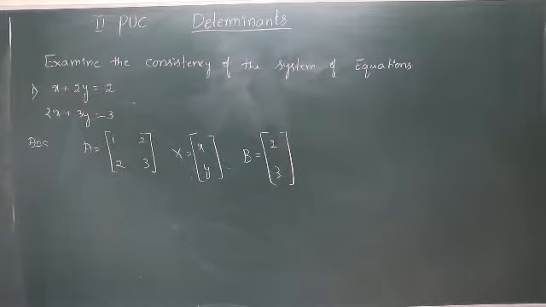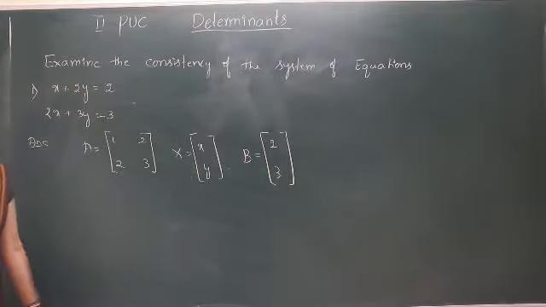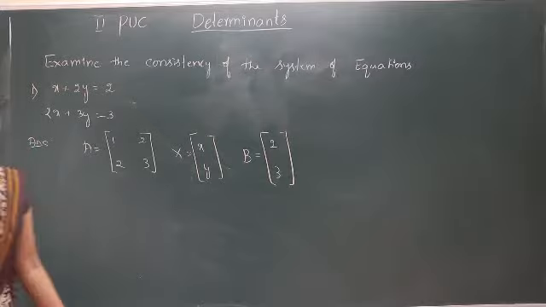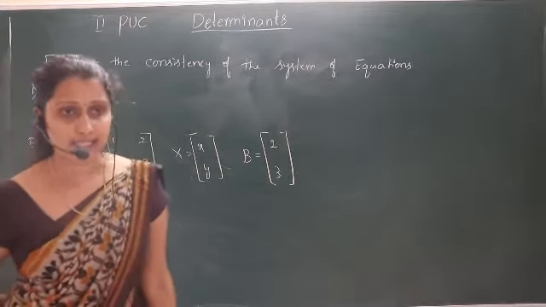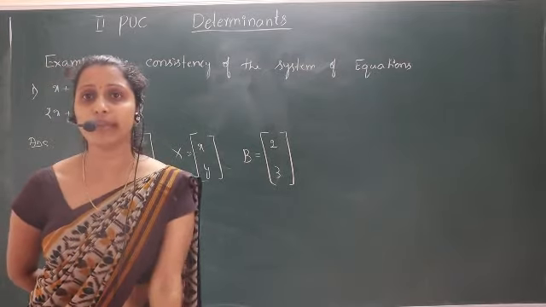After finding this, we have to check whether it is consistent or inconsistent. The question is to examine the consistency of the system of equations. To check the consistency, first we have to find A inverse.